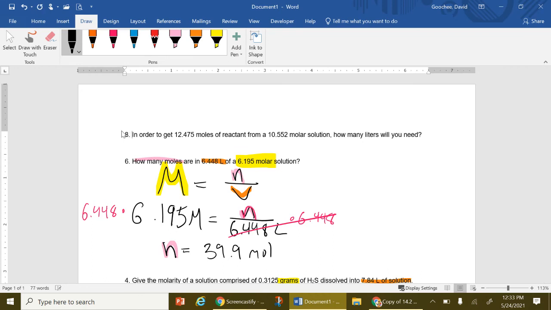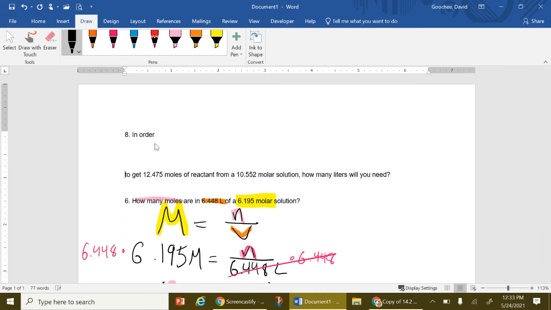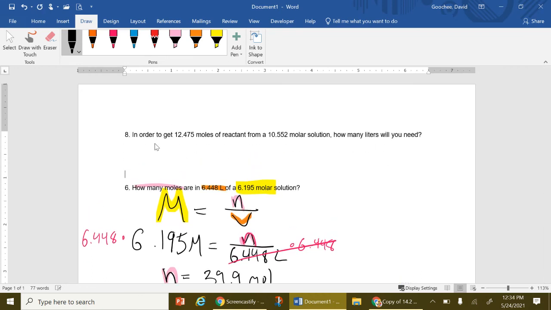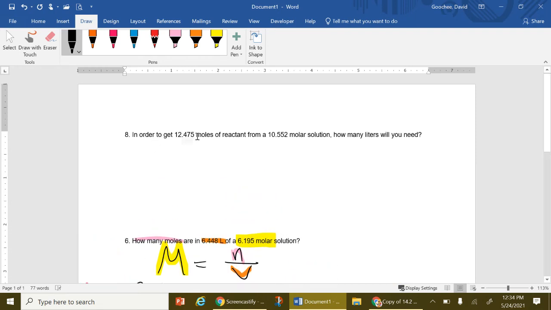Here we go. In order to get 12.475 moles of reactant from a 10.552 molar solution, how many liters will you need? So the molarity equals number of moles divided by the volume.